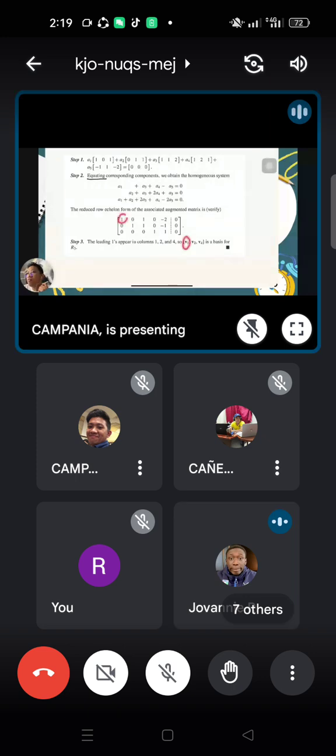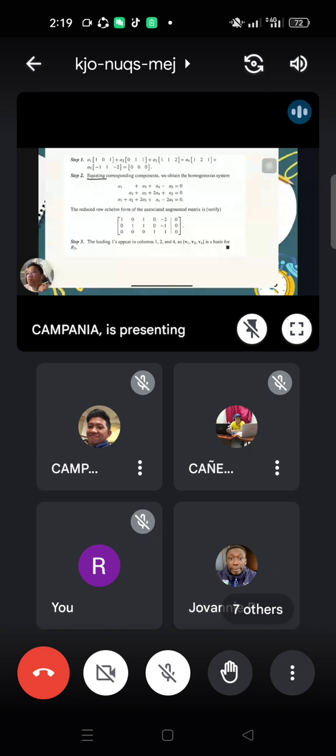So V1 for column 1, V2 for column 2, then V4 for column 4.